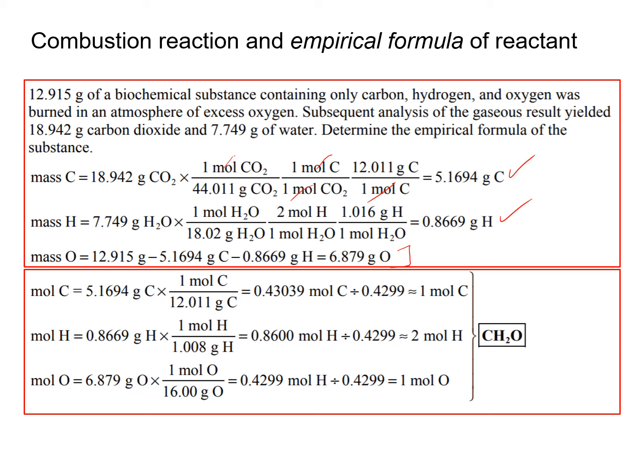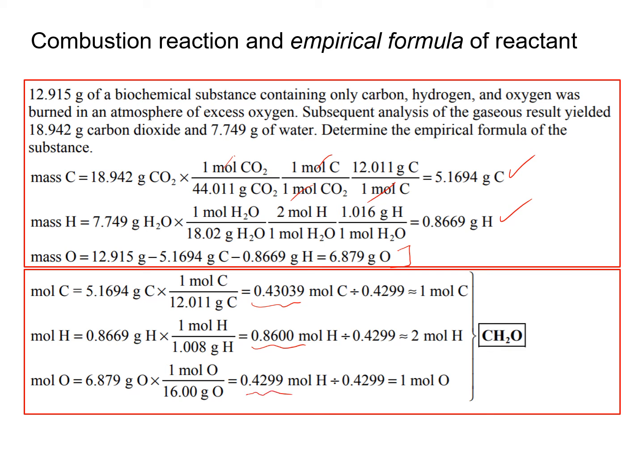Now we simply apply the principles that you have seen before to calculate an empirical formula. And that involves taking the gram quantities of each element and converting it to moles. Now what usually happens in a problem like this is you get fractional amounts, and you need to turn them into whole number amounts.